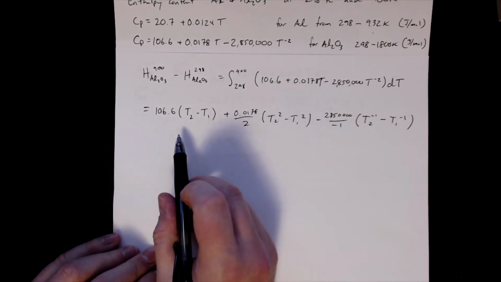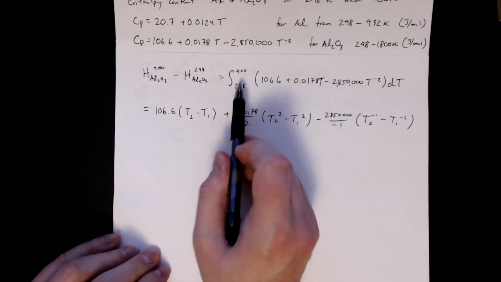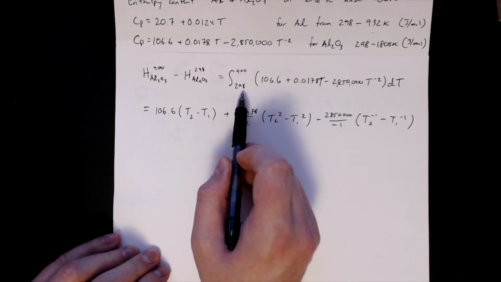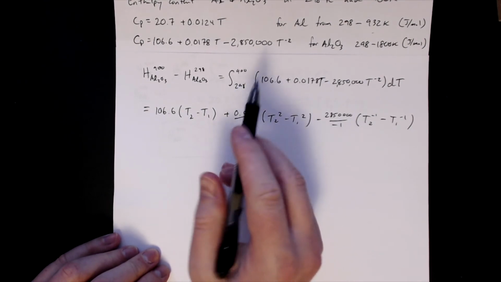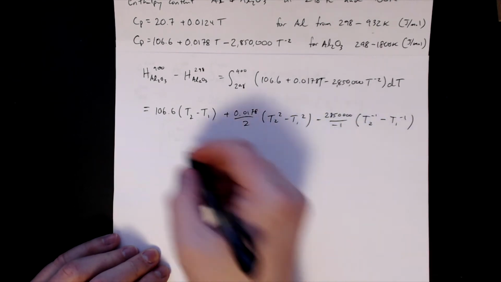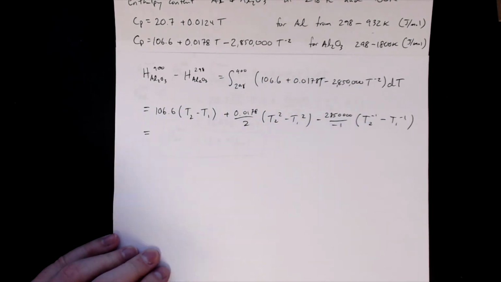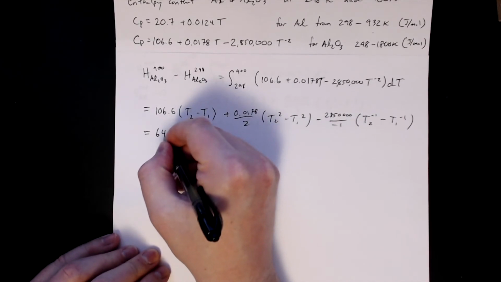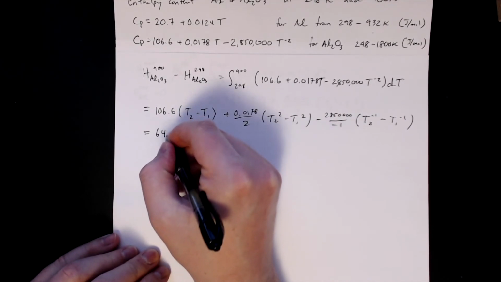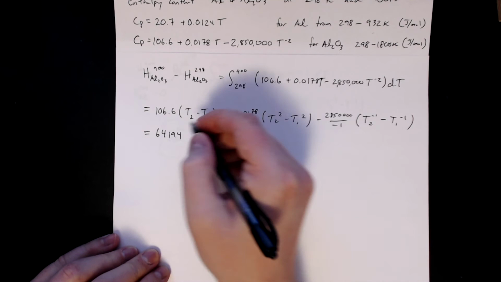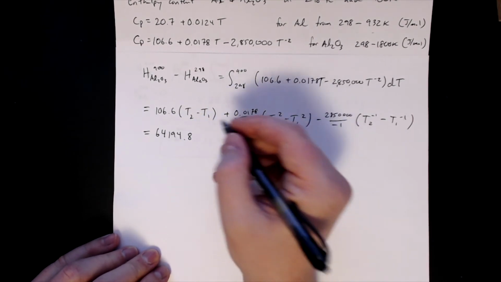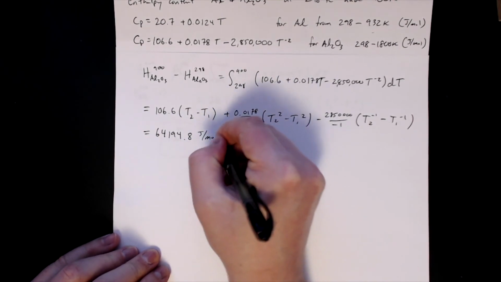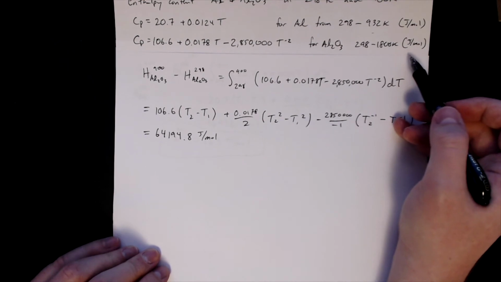And again, we have 900 and 298. If we just plug in all those temperatures into this expression, we get 64,194.8, and that's in joules per mole because of the units of heat capacity here.